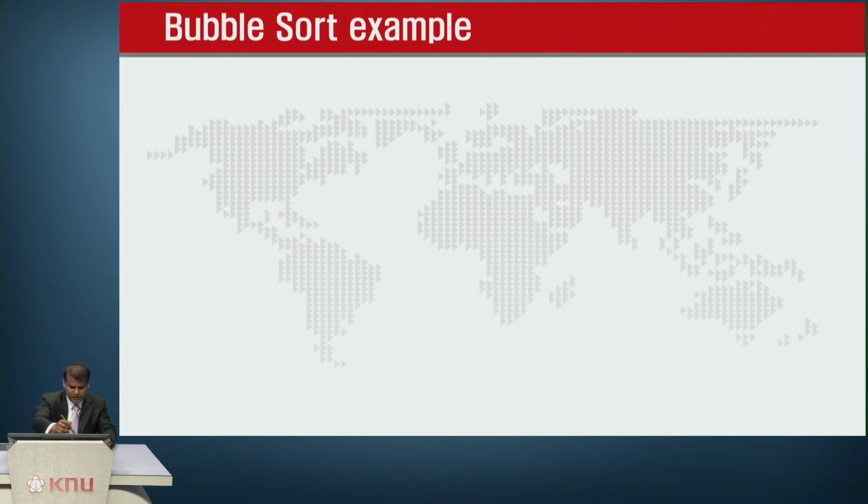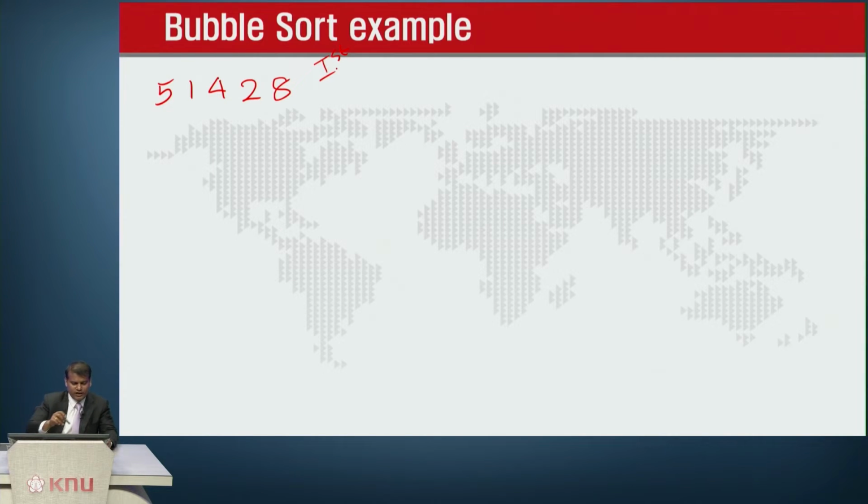Say for example, let's begin with this array of elements: 4, 5, 1, 4, 2, 8, and here you want to sort in ascending order. So what is the first step that has to be taken in the first pass? In other words, it's the first iteration. In the first iteration, let's see what is supposed to be done.